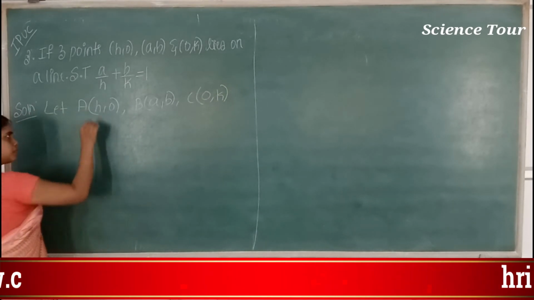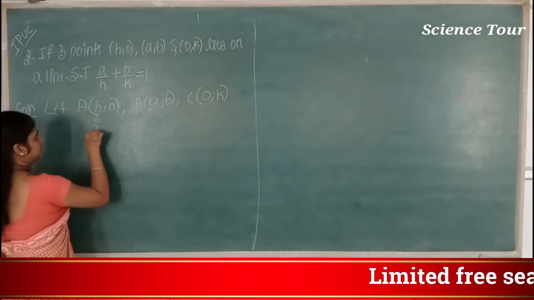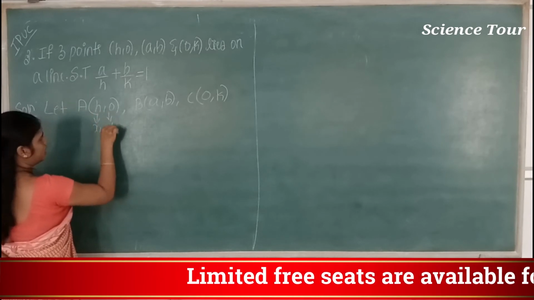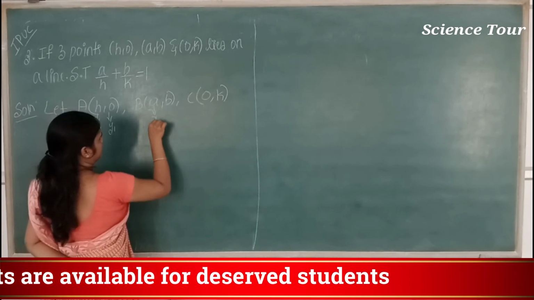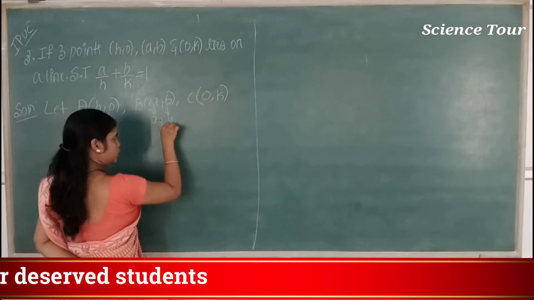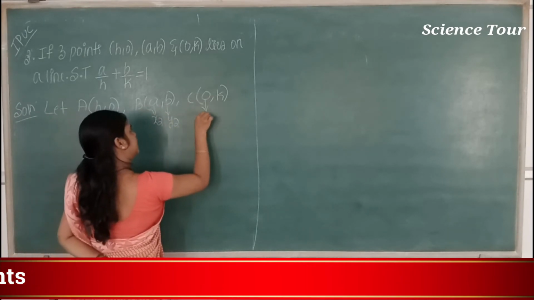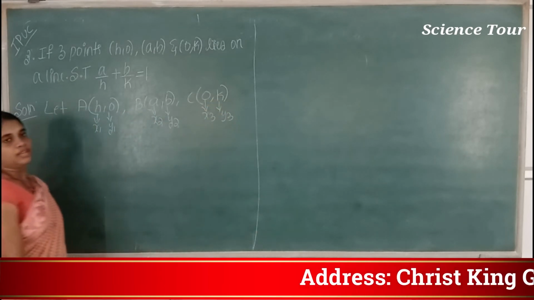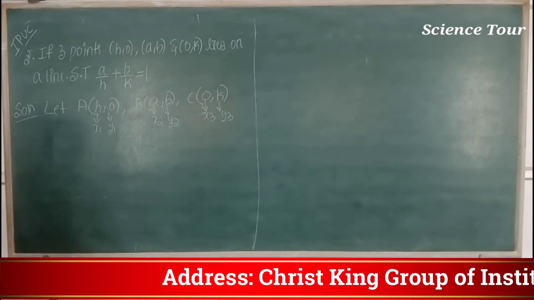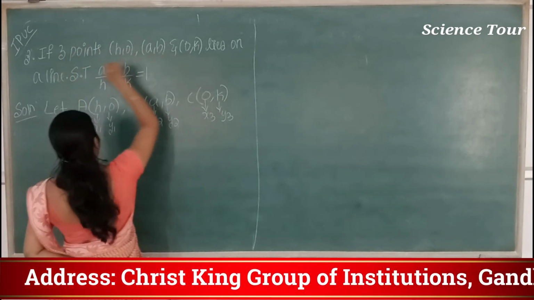Here the first point I'll consider as x1 comma y1, the second point as x2 comma y2, and the third point as x3 comma y3. See here, in the question the given 3 points lie on a line.